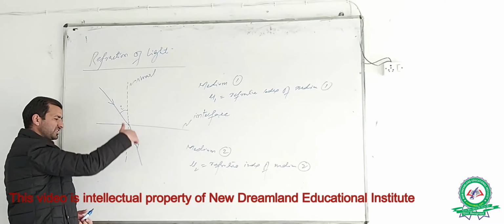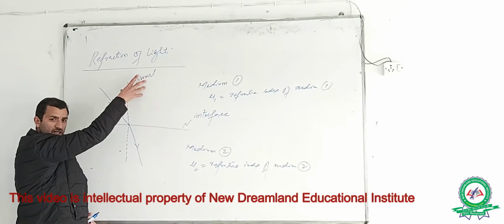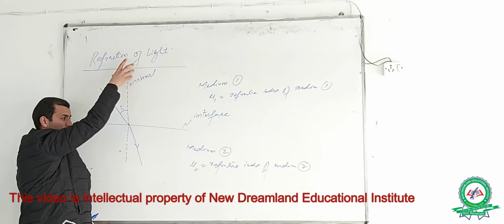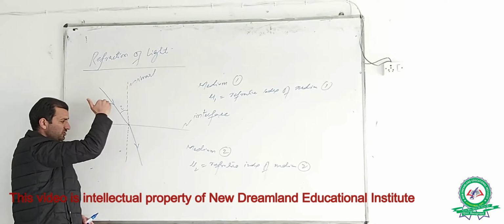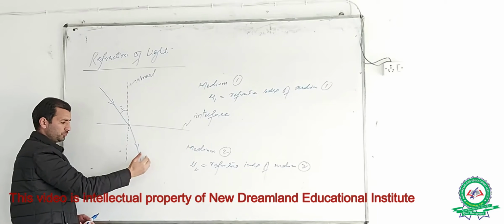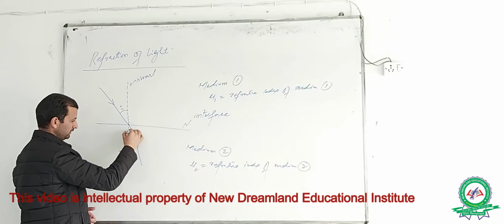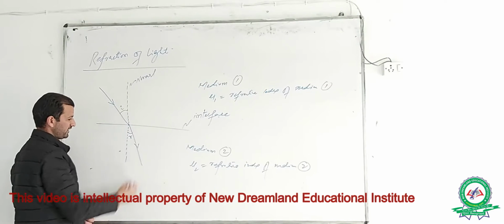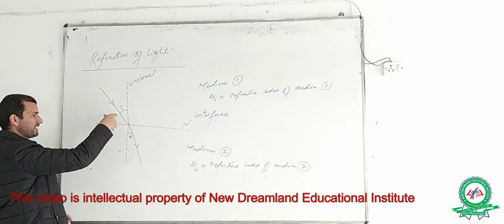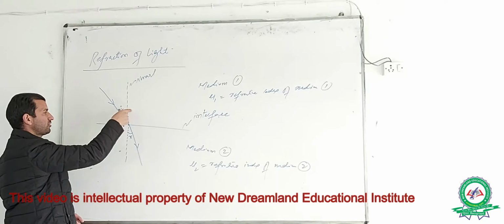This change in the direction of light is called refraction of light. It's the phenomenon of change in the direction of light when it goes from medium 1 to medium 2. And this angle we call the angle of refraction, that is the angle the refracted ray makes with the normal, and the angle the incident ray makes with the normal is called the angle of incidence.